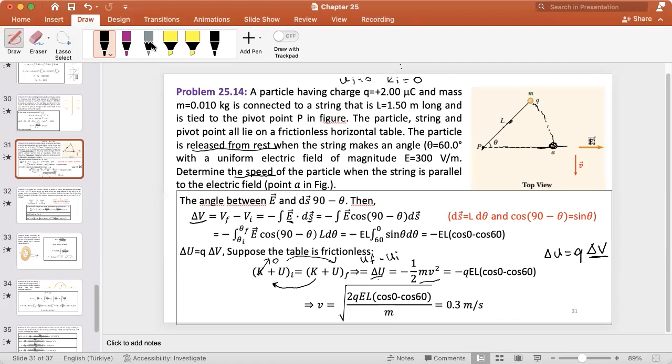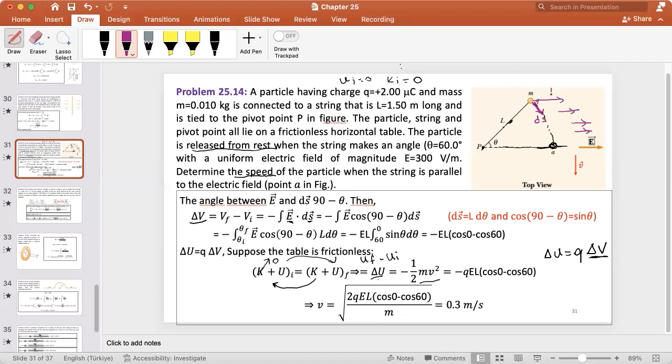I want to change my color to show my ds. I need to calculate the ds. I need to see ds information. ds is coming here. And if I move this electrical field here, of course, the electrical field is going in the positive x direction.